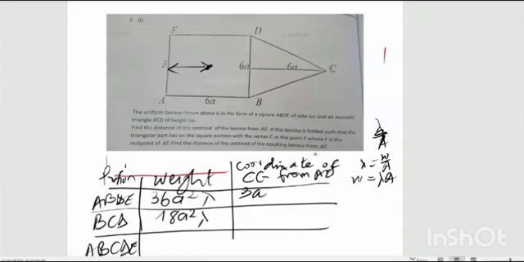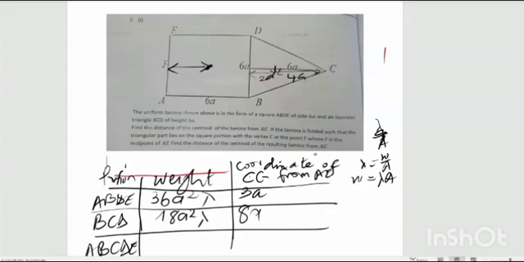If you take 2/3 from the vertex, 2/3 of 6a is 4a. If this is 4a, it means from here to here is our 2a. Now the center of gravity of this triangle from AE will be 2a plus 6a, which is 8a.